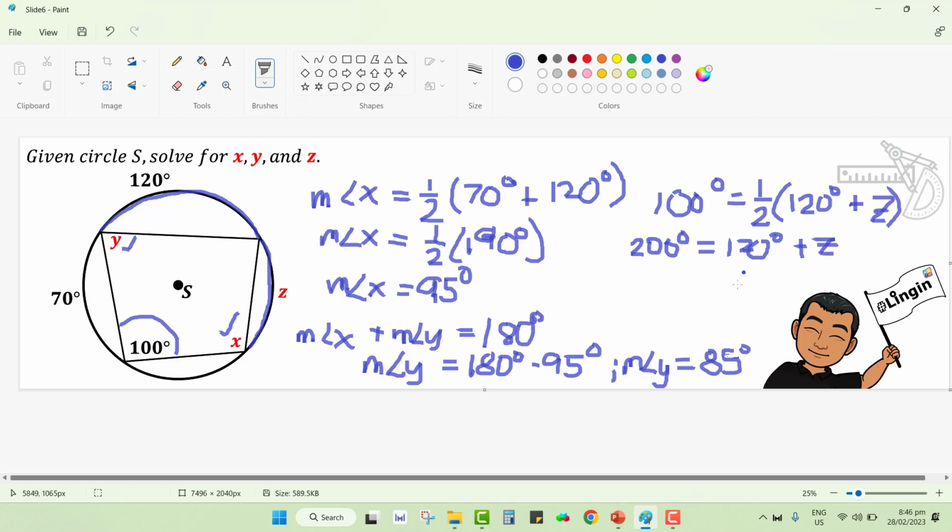And by simple mathematical computation, including the subtraction property of equality and the symmetric property, arc z is equal to 200 degrees minus 120 degrees, which gives us a result for z of 80 degrees. So this is how we solved the measurements of the unknown variables x, y, and z in this circle S involving an inscribed quadrilateral.